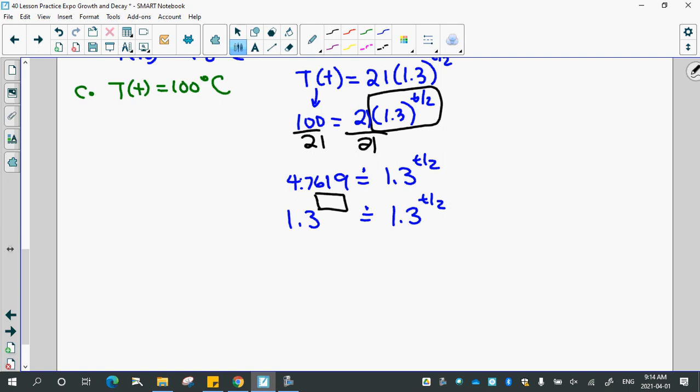So that's not big enough. 18 is too big. 17 was too small. So I'm going to go to the 17.5. Oh, what, I was looking for 100.